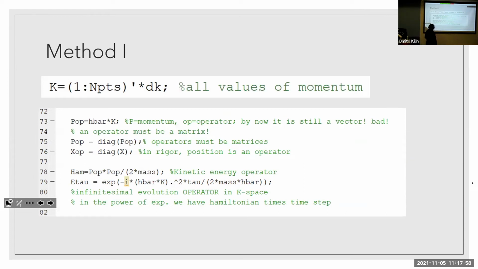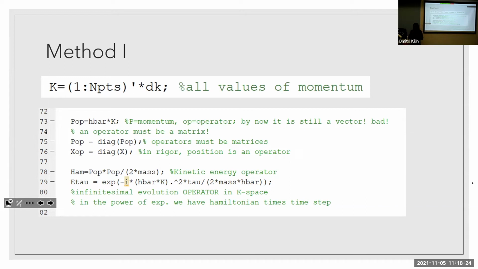In method 1, the momentum before was defined in coordinate space. We're trying to transform it into a matrix because MATLAB works better with matrices. In order to do that, we use K space, where K is the eigenvalue of the momentum, if I'm saying that correctly.